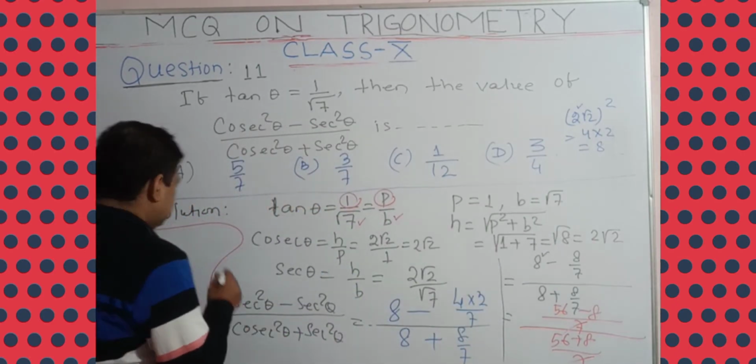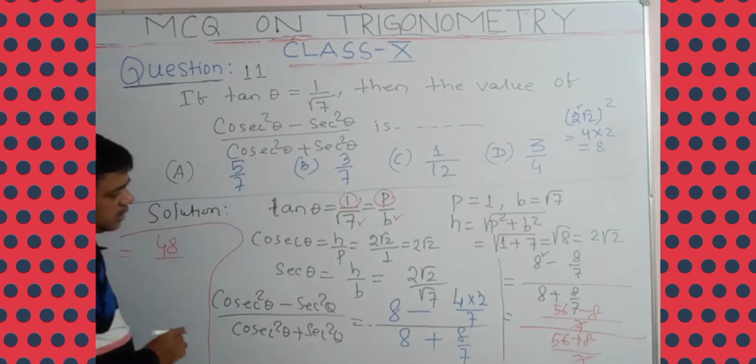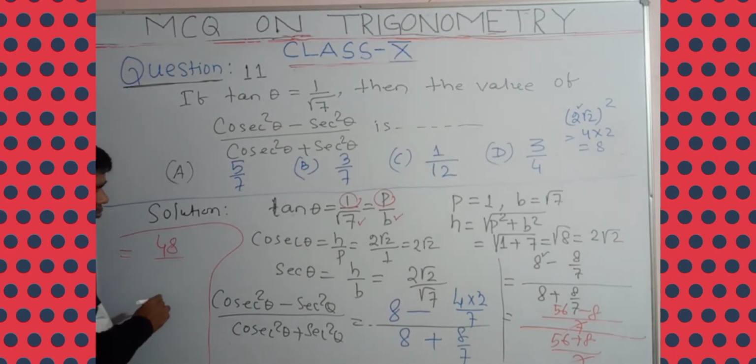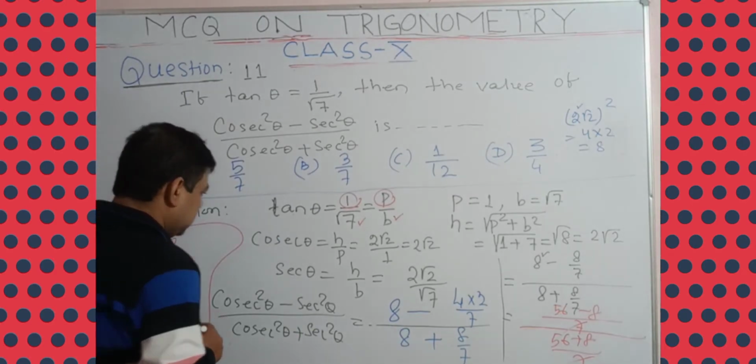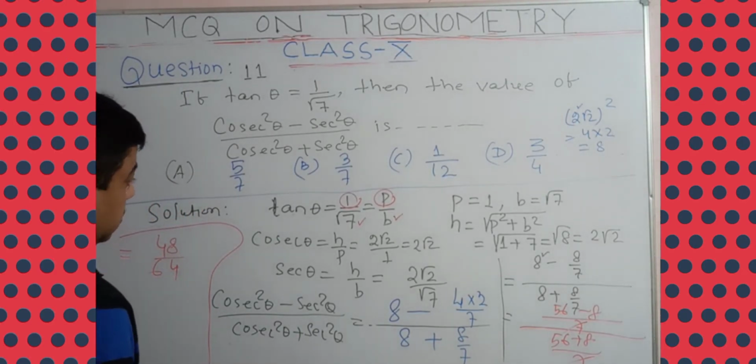So it will be 56 minus 8 over 56 plus 8. 56 minus 8 is 48, and 56 plus 8 is 64. Okay, understand? Is it clear?